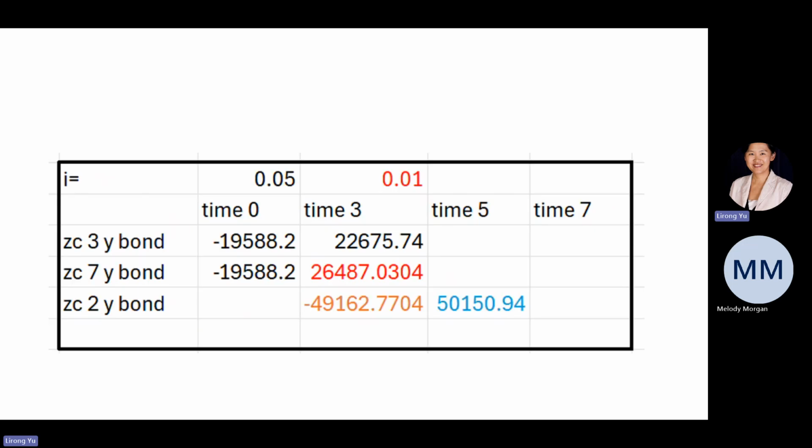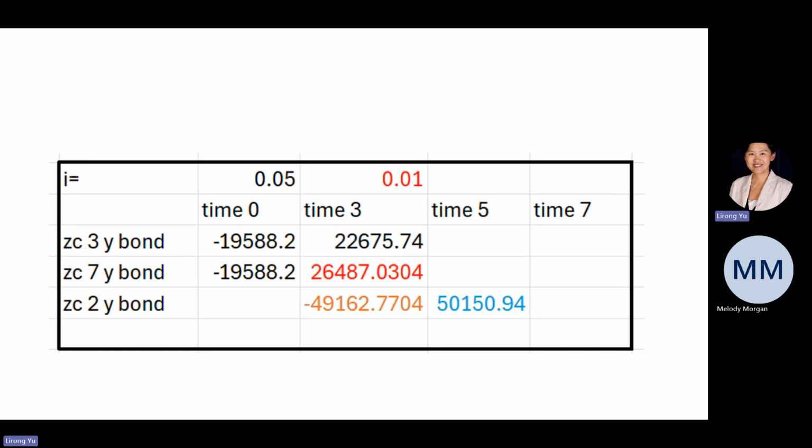So if you have an interest rate of 1%, the time 7 cash flow is sold for this much, and we combine those cash flows to buy the 2-year zero coupon bond, so we can cover the time 5 liability. And we have a little bit of money extra there.